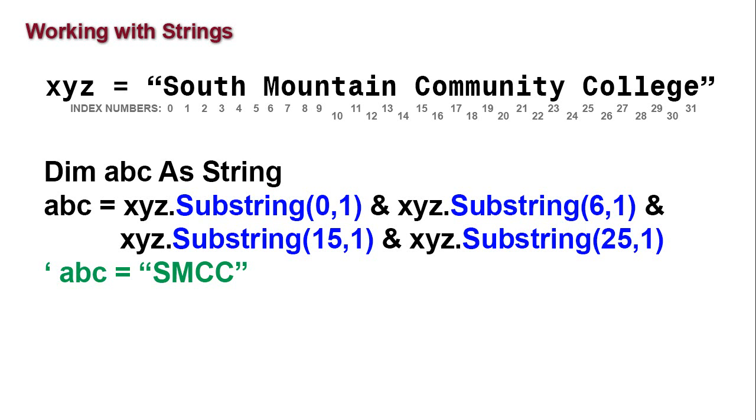That's going to be the capital M of mountain. Concatenate to that substring 15, 1. That's the capital C in community. And xyz.substring 25, 1. It's going to be character 25, 1 character. That's the uppercase C of college. So therefore, ABC, when that code executes, would be equivalent to uppercase SMCC.